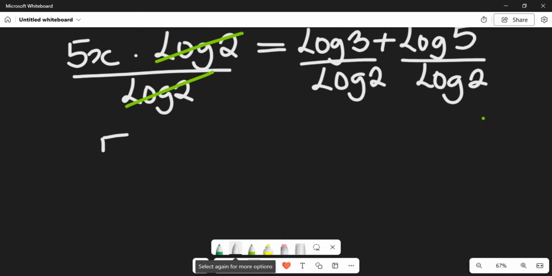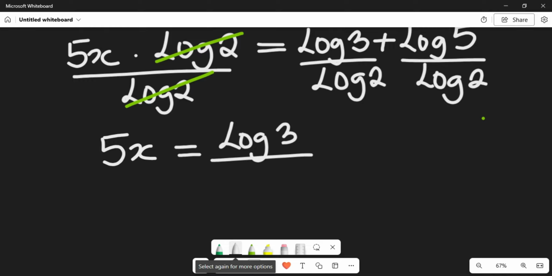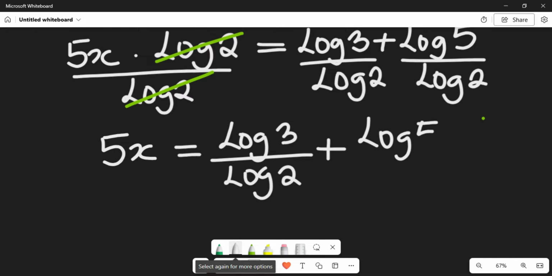We'll have 5x equal to log 3 divided by log 2 plus log 5 divided by log 2.